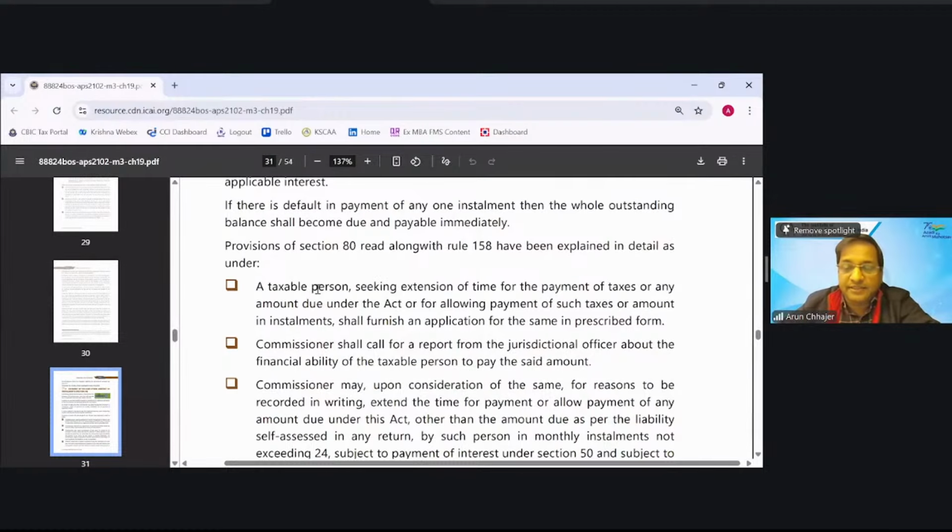A taxable person seeking extension of the time for payment of tax or any other amount due shall furnish an application. तो सबसे पहले क्या करेगा? Taxpayer will request to the officer that application कि आप मुझे इंस्टॉलमेंट की परमिशन दीजिए. Commissioner calls for the report from the jurisdictional officer about the financial ability.